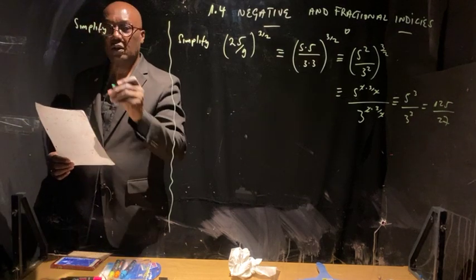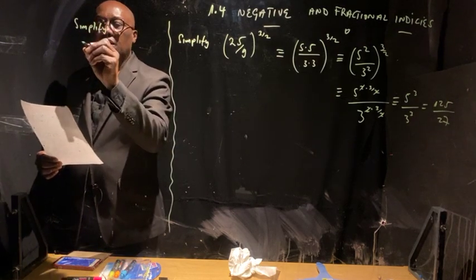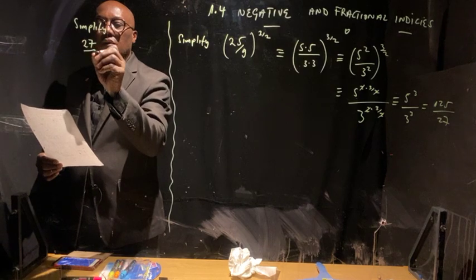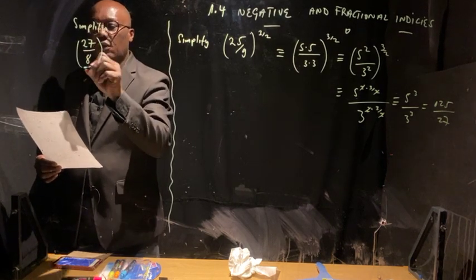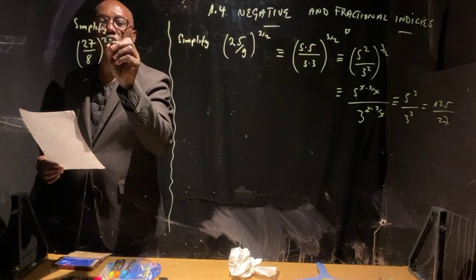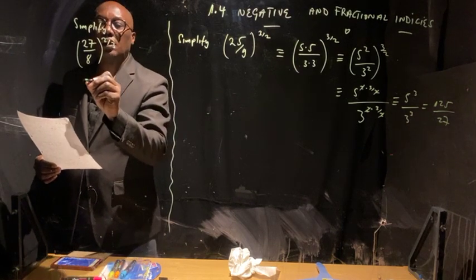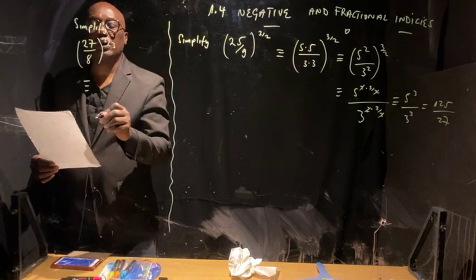Simplify 27 over 8 raised to the power 2 over 3.